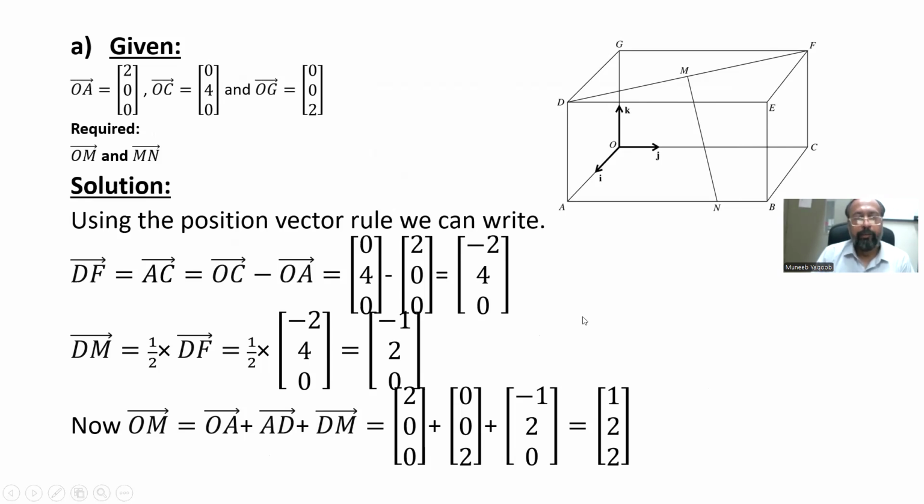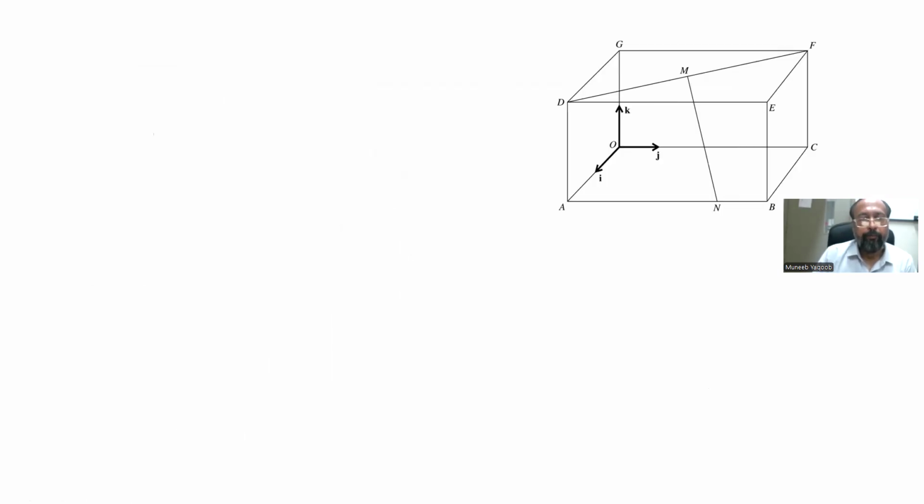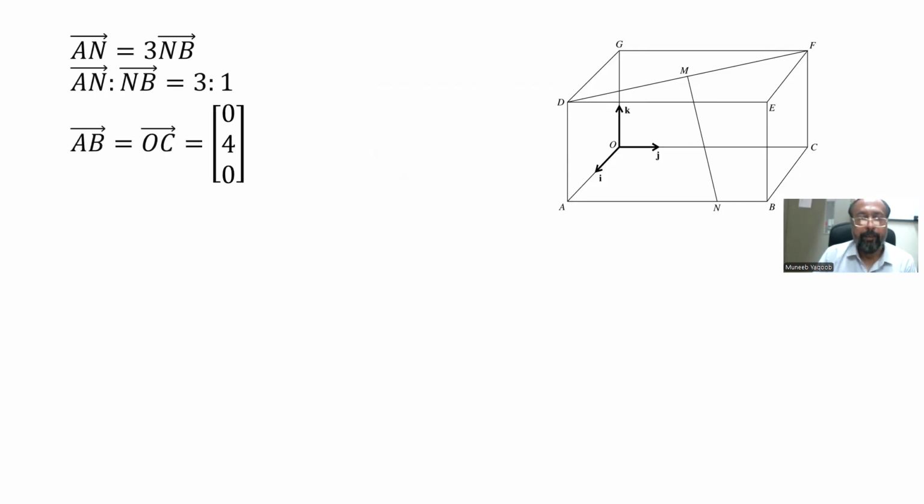And now to calculate MN, how will we proceed? For that, they have given us a ratio: position vector AN is equal to 3 times position vector NB. So we can write AN to NB as 3 to 1. Now, what is position vector AB?